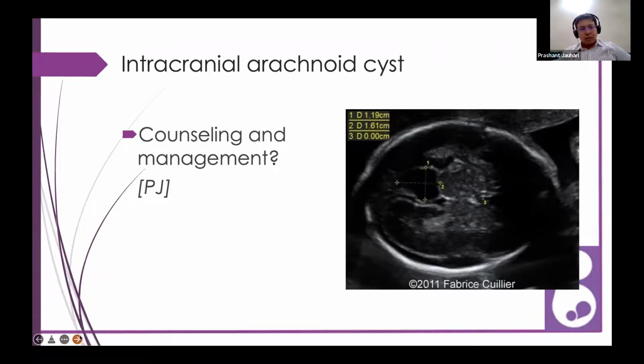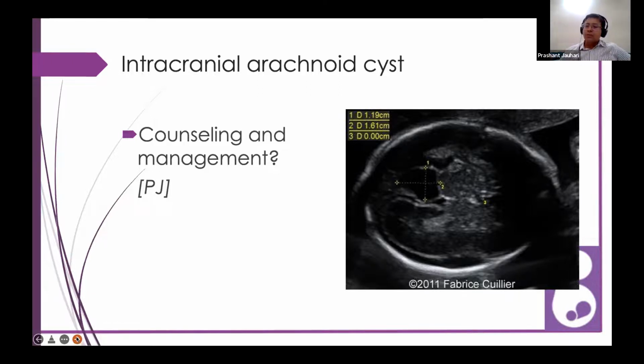What the literature says is that maybe a third might require some sort of an intervention. But when we see pediatric patients as a whole, we see a lot of vague symptoms, and this arachnoid cyst comes as an incidental finding. So in postnatal life, we don't regard it as a major problem related to the symptom.